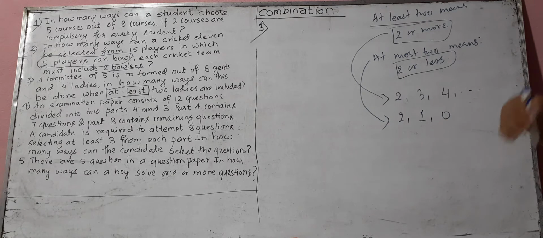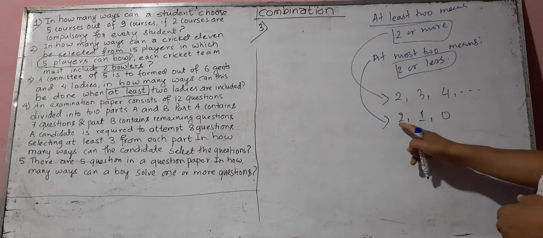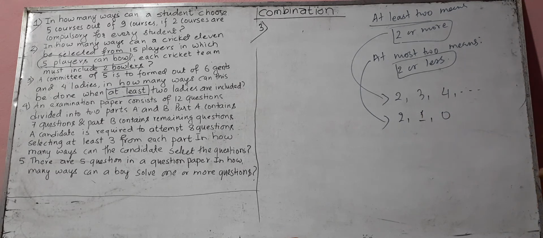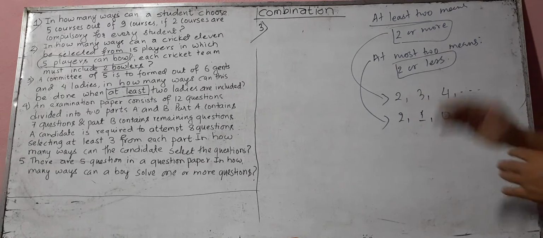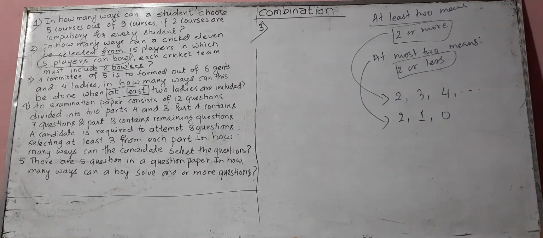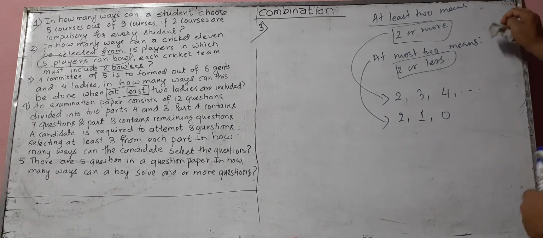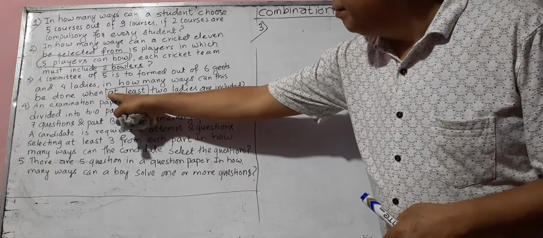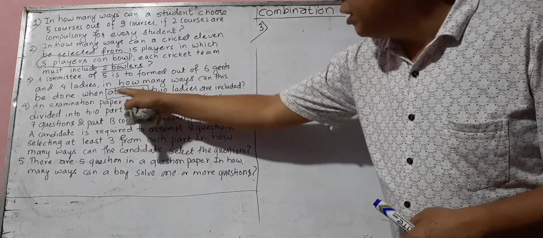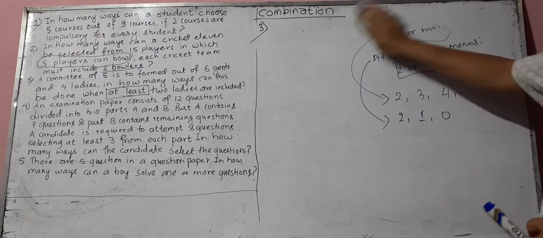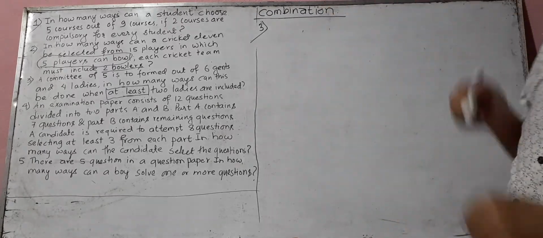Because the number of persons cannot be negative, we do not go beyond 0. This also depends on the number of objects given in the question. This point should be noted when we are given a problem that consists of at least 2, at most 2, and so on. Okay, now we start the solution of question number 3.